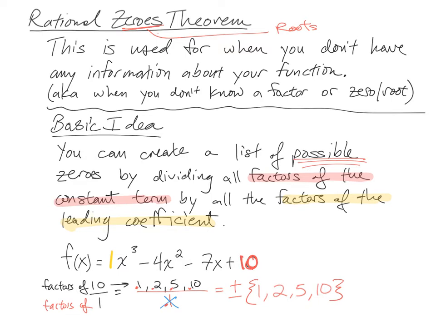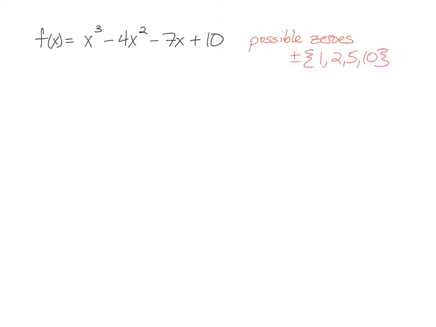Well, great. How does that help? We have this list of zeros. What do we do with it? We didn't have any information about this function, but we created a list of possible zeros.